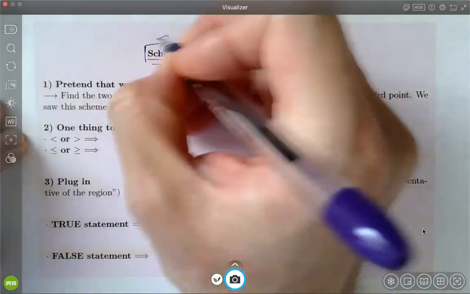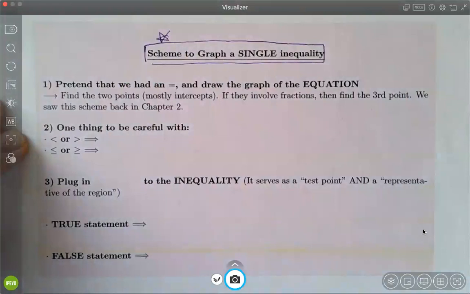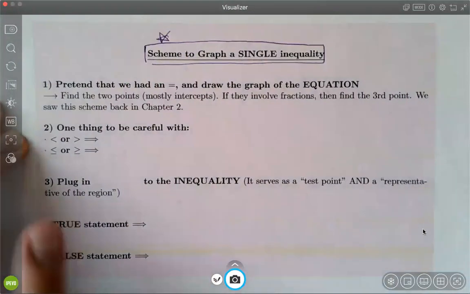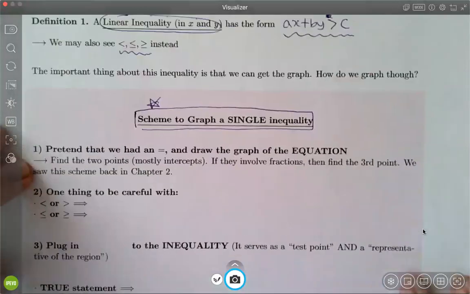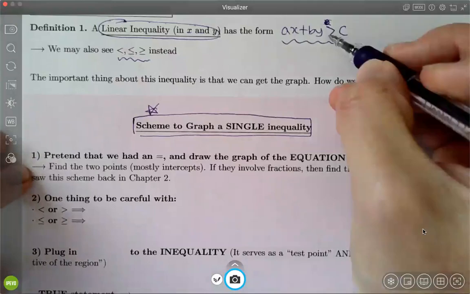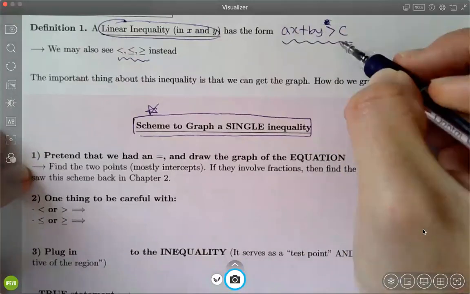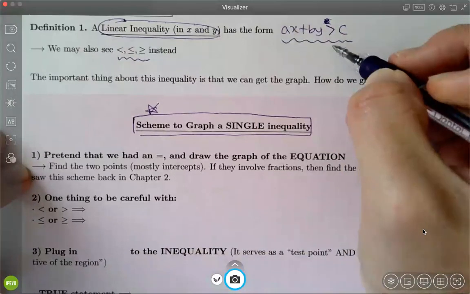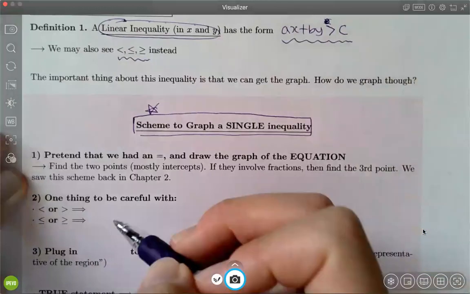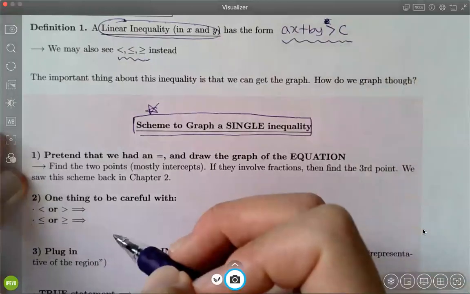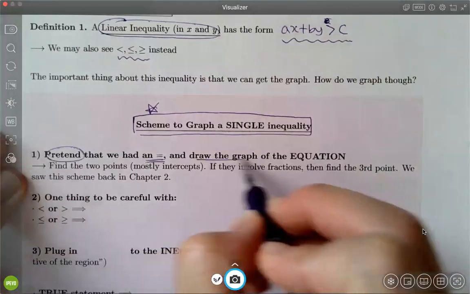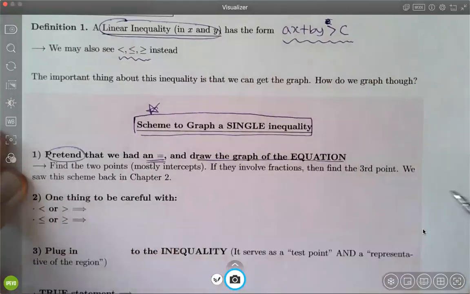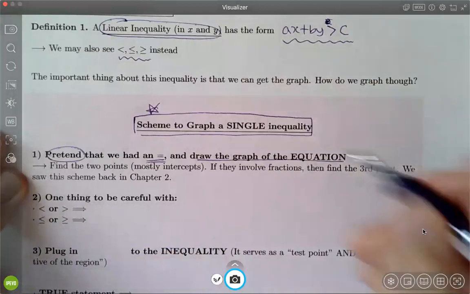Maybe you have seen this scheme before or you haven't, or maybe you saw it but you forgot, but that's okay. Like I said before, if we had an equal sign right here, then the graph is a line. So suppose that was the case. Pretend that we had an equal sign and then sketch the graph of the resulting equation. And again, what does that mean? The graph will be a line, right?